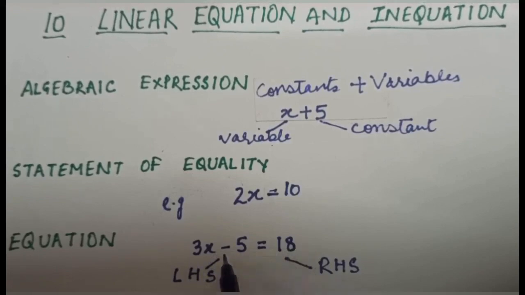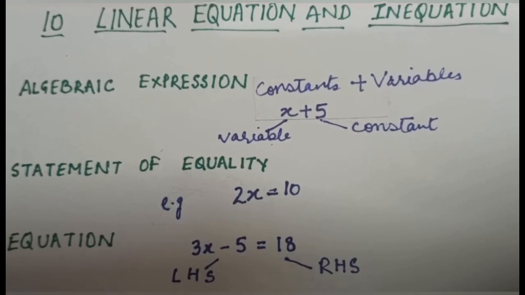So this is an equation with one variable, that is x. The left part of this equation, 3x minus 5, is the left hand side, and this 18 is the right hand side of the equation. It will be written as RHS.